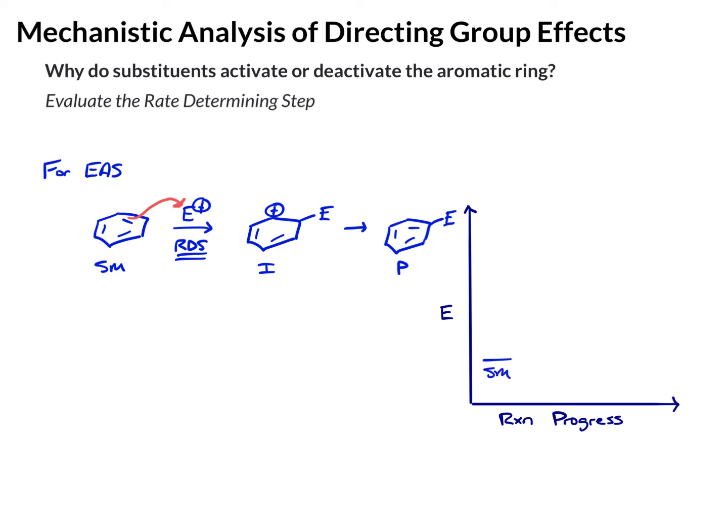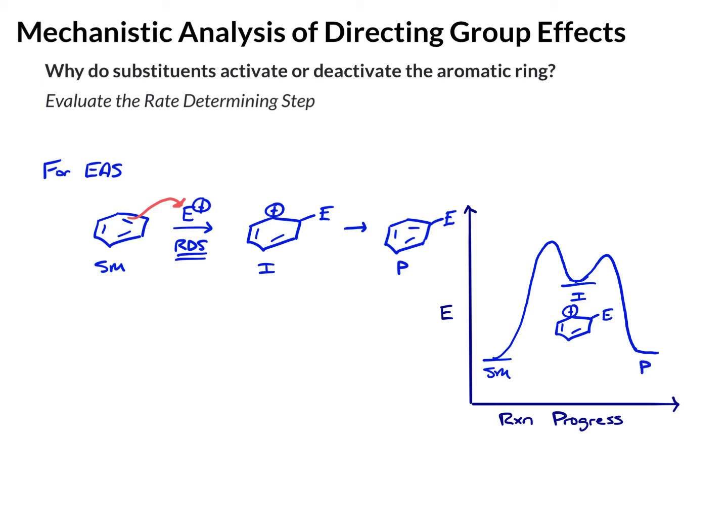That's going to go over a transition state to get to the intermediate. There's our intermediate, which is the carbocation. And then this will go over another transition state to get to the product.